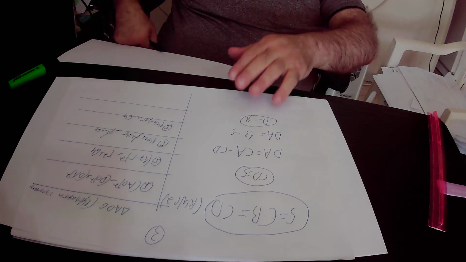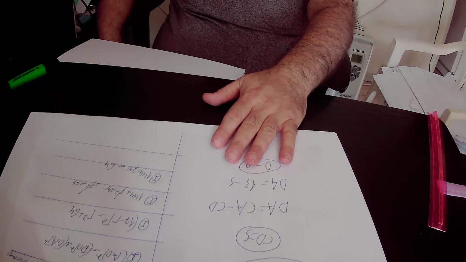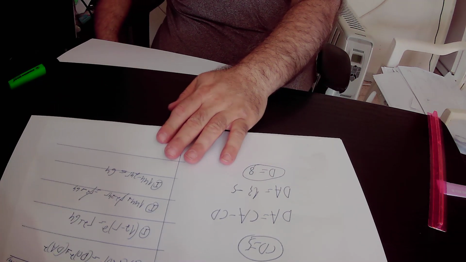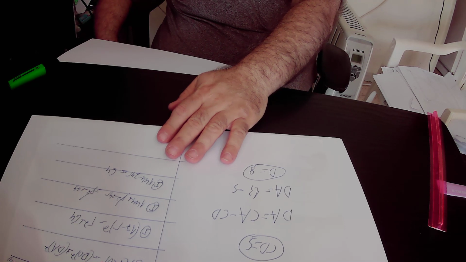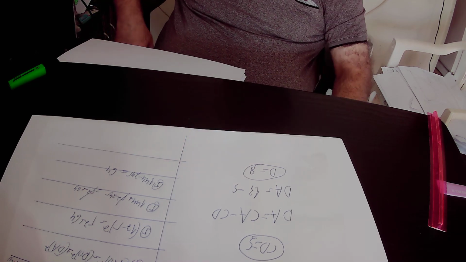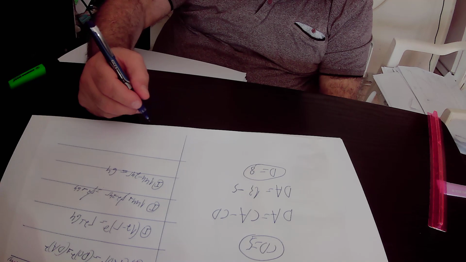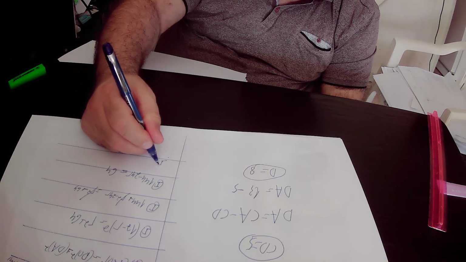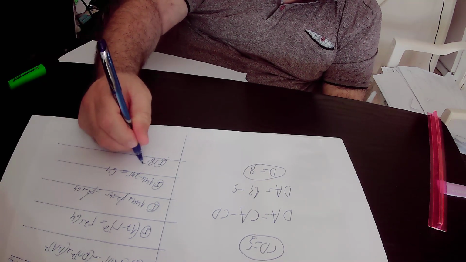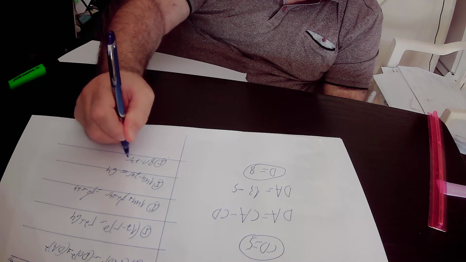Here we will subtract 64 from equation number 1, and we get that 144 minus 64 is 80. 80 minus 24R equals 0.